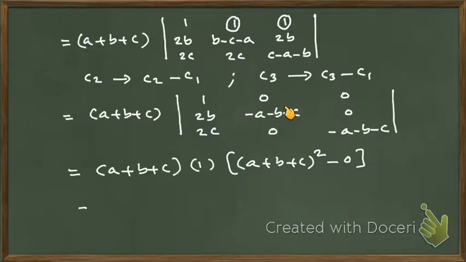Minus of A plus B plus C, here it is. And this is also minus of A plus B plus C. So when I cross multiply, minus into minus is plus. A plus B plus C into A plus B plus C is A plus B plus C the whole square, minus 0, which is going to make it A plus B plus C into A plus B plus C the whole square. That's A plus B plus C the whole cubed, which is the RHS.